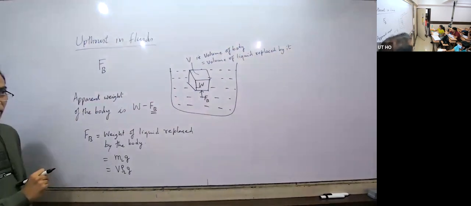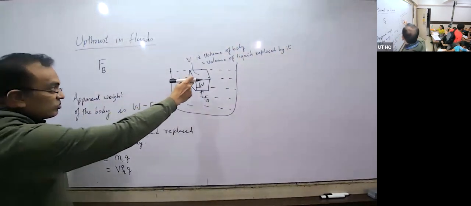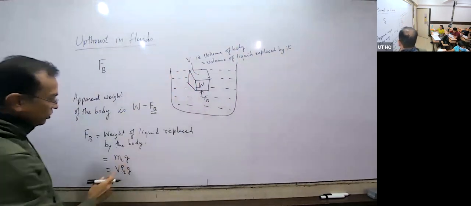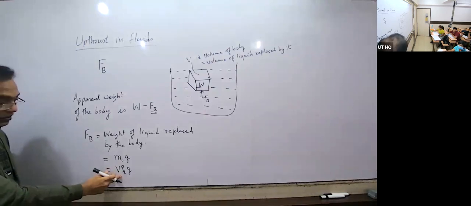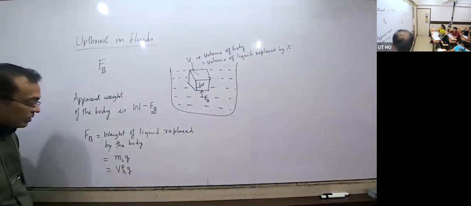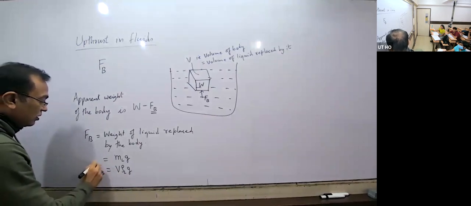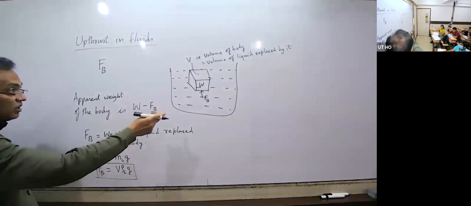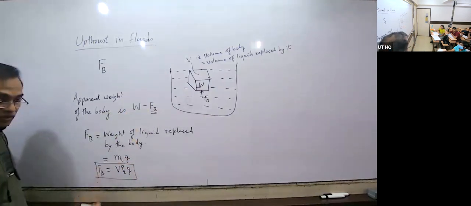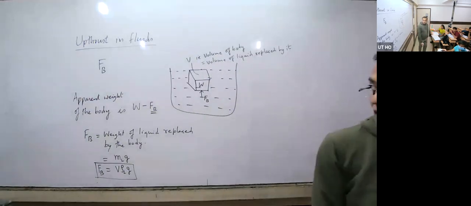Both the volumes will be the same. Whatever the volume of this body, it will replace the same volume of liquid, and rho is the density of the liquid. So my question was, how much upthrust is exerted by the liquid on this body? It is this much.